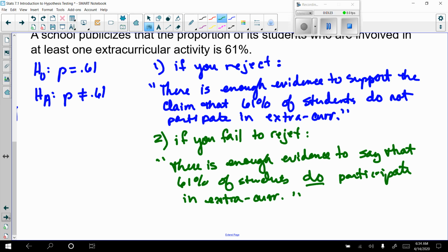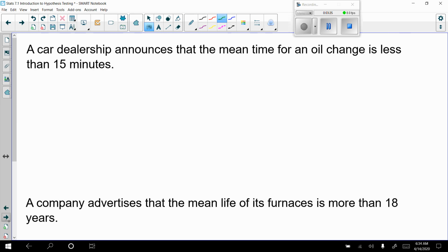Looking at the car dealership one. Remember that null hypothesis was that the mean oil change time was greater than or equal to 15 minutes. And the alternate was that it was less than 15 minutes.